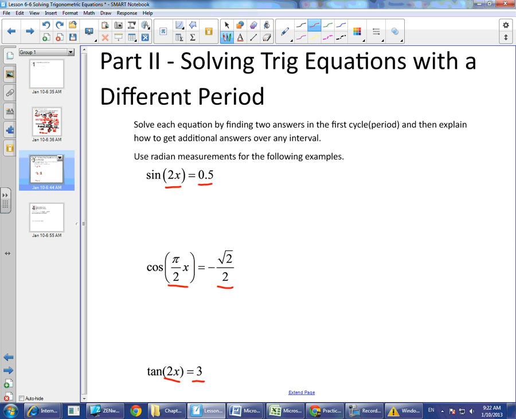Okay, so what I'm going to do here is break this down into steps, and my steps are going to be the same as the previous slide. Step 1: find two solutions without the change in period.